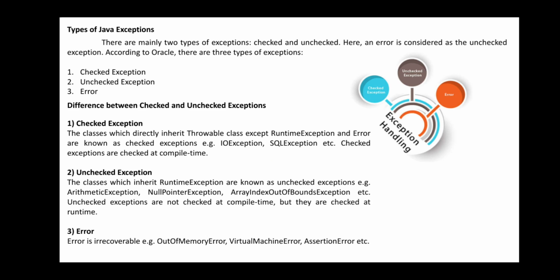Then error means irrecoverable. Irrecoverable means when your system itself is hanged, or when the memory is out of memory, or when your Java virtual machine is not working properly, or when there is a problem in reading or writing through the keyboard. These are called errors.